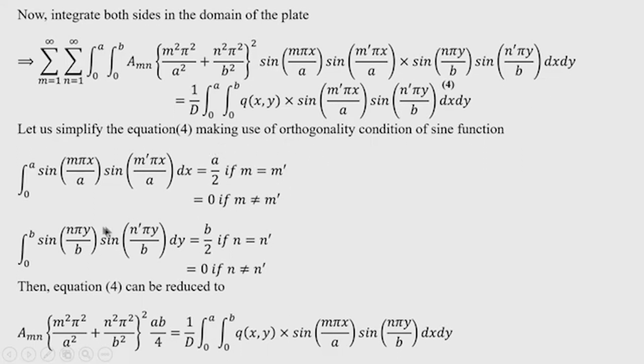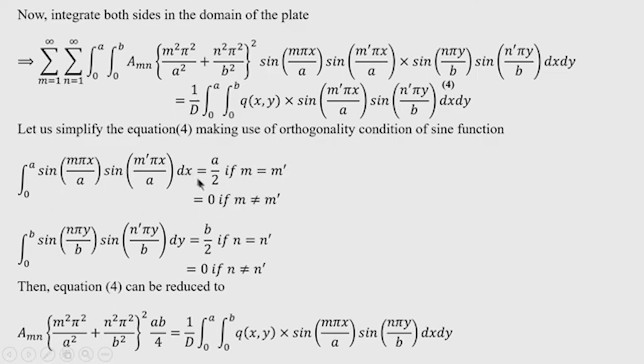The orthogonality condition of the sine function is well known: the integral of sin m pi x by a sin m dash pi x by a dx from 0 to a. If I integrate this, then for m equal to m dash the value of the integral is a by 2, and for m not equal to m dash, we get 0.